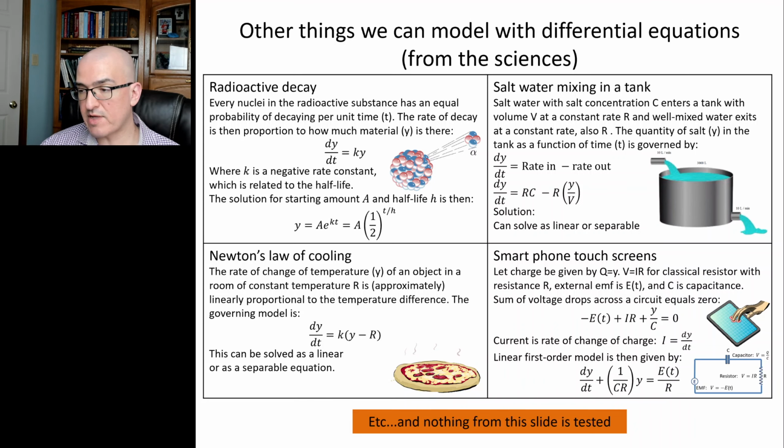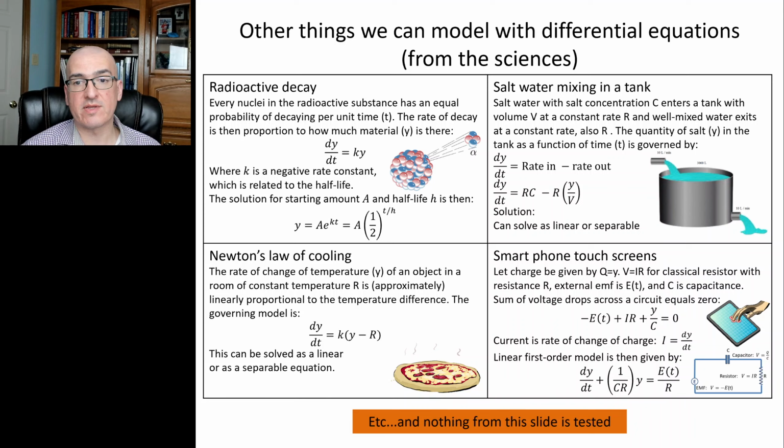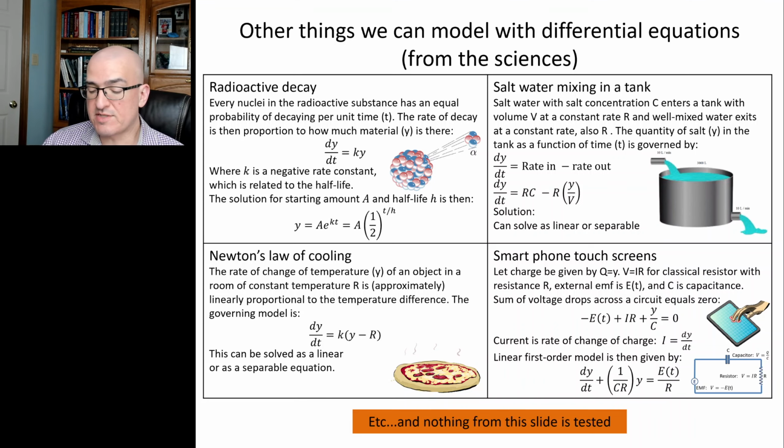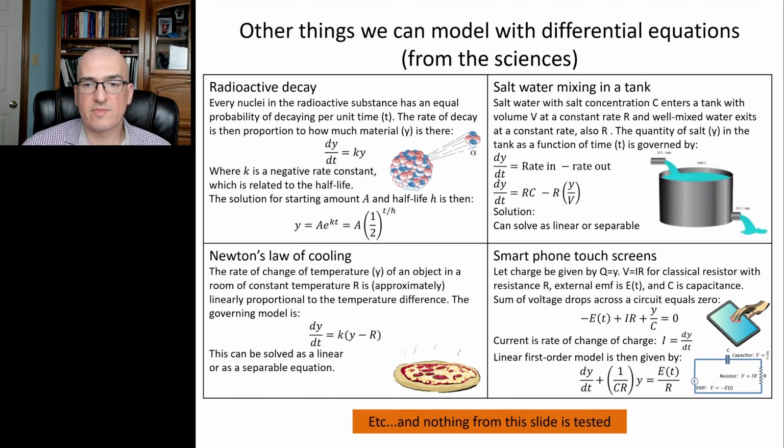That means the more nuclei you have, the more decay events you're going to have. It scales with the mass. It scales with how much is there, just like population growth, except it's a population decay. So it has the same differential equation, dy/dt is equal to k times y.